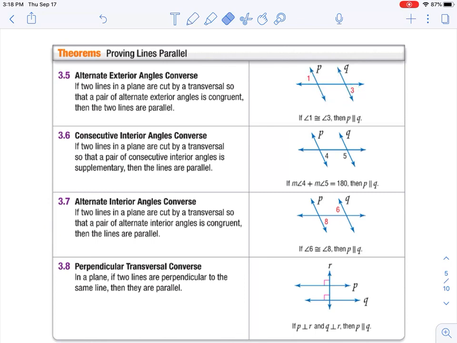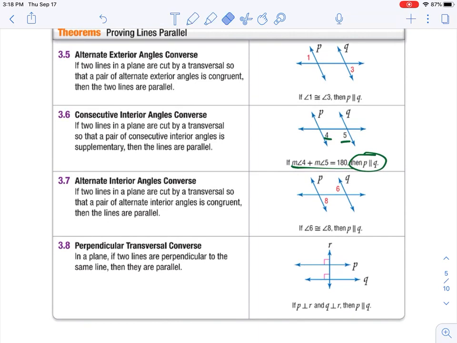If two lines in a plane are cut by a transversal, so that a pair of consecutive interior angles, 4 and 5 in this case, are supplementary, they add to 180, then we know that our lines are parallel. We have alternate interior angles converse. If two lines in a plane are cut by a transversal so that a pair of alternate interior angles is congruent, 6 and 8, then the lines are parallel.